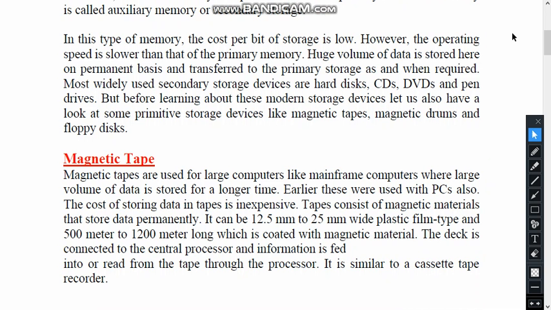Here, the tape consists of a magnetic material which helps to store the data permanently. The magnetic tape is a 12.5 mm to 25 mm wide plastic film, 500 meter to 1200 meter long, which is coated with the magnetic material.